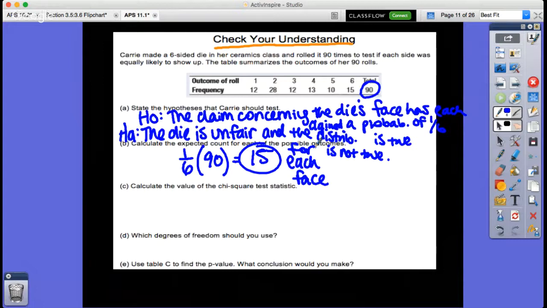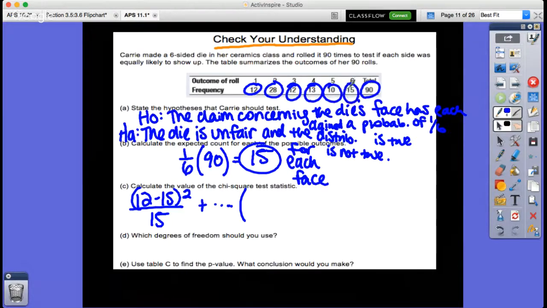All right. It says calculate now, C, calculate the value of the chi-square test statistic. So now I'm going to go step by step through this and say, okay, this is now 12 minus 15 divided by 15. Again, it's divided by my expected. I square that. I then add the next one, which would be the same thing, except 28. Then I'll go 12, 13, 10, 15, and so on.